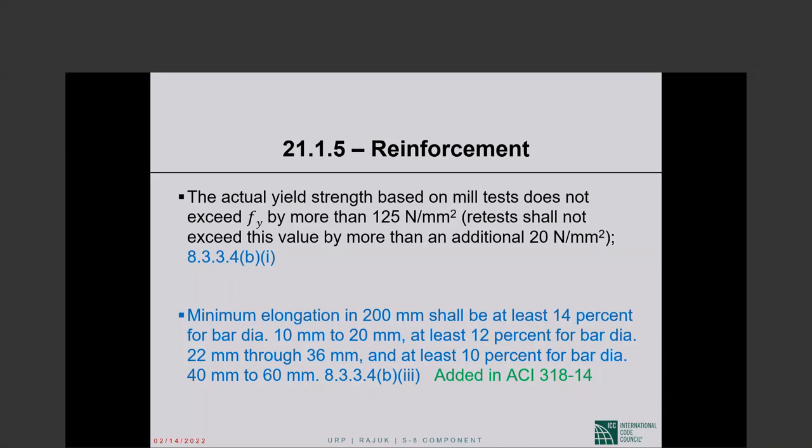So there shall be no difference in deformability. That is, there shall be no difference in the deformations over an 8-inch gauge length between A615 or BDS 6935 bars and A706 bars.